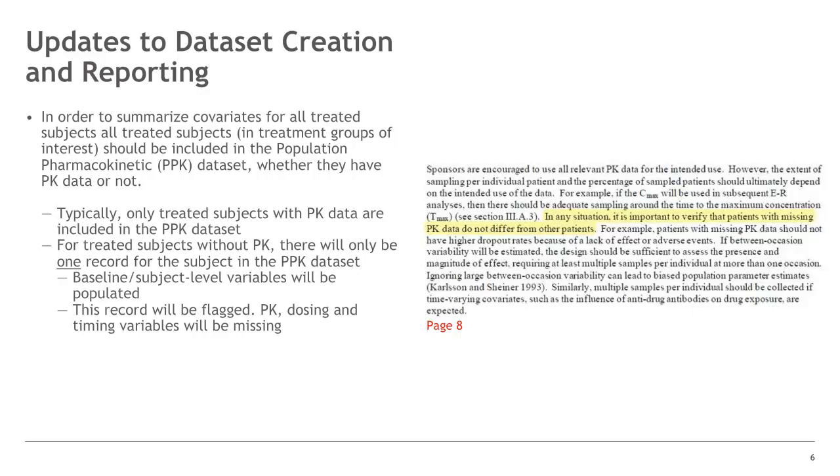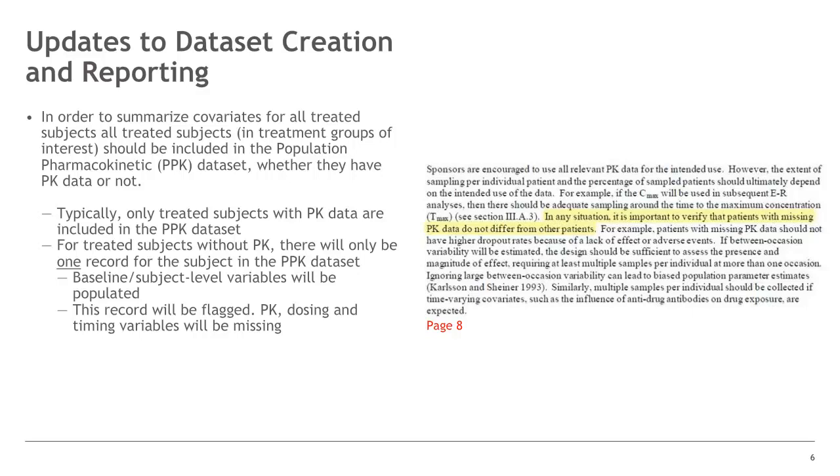In order to create this table, we do need to have the treated subjects without PK in the dataset as well. That's why on the left I mentioned that, in order to summarize covariates for all treated subjects, all treated subjects in the treatment groups of interest should be included in the PopPK dataset, whether they have PK or not. So how are we going to add these additional subjects, because they don't have a profile? It doesn't really fit into the standard PopPK data structure where you have dosing events and PK events.